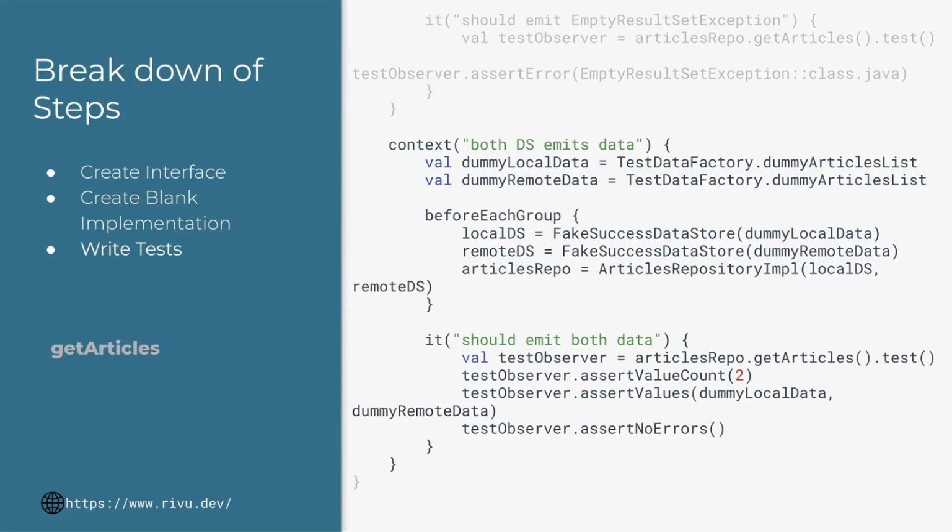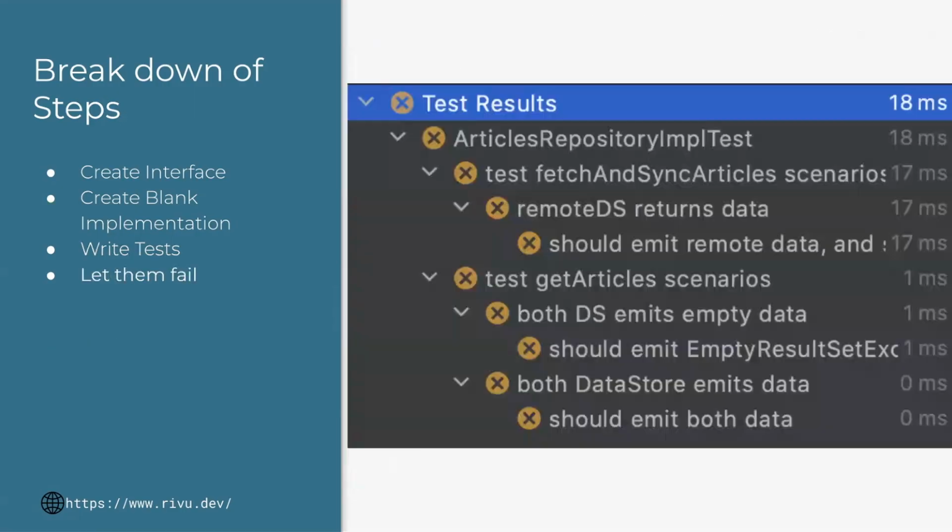So first one should be dummy local data, and second one should be dummy remote data. I'm checking that those two values were emitted exactly the same. And then I'm also testing that there are no errors. So these three assertions you can find in should emit both data, right? So yeah, our test cases are ready, and let's run them.